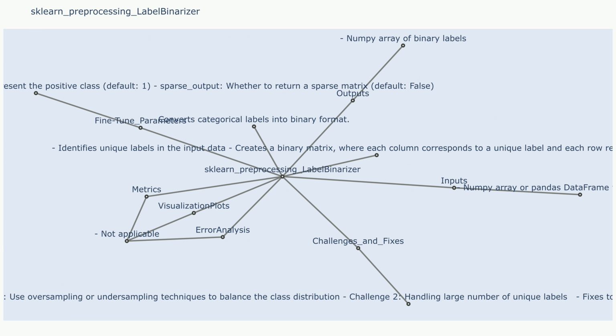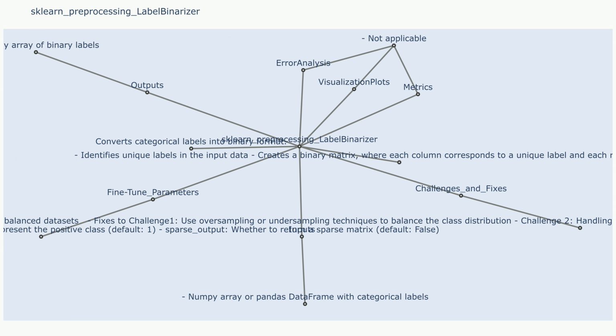Input 2: a list of classes. This optional input specifies the unique classes that should be considered for encoding. If not provided, LabelBinarizer will automatically determine the unique classes from the input data. Outputs. Output 1: a 2D array of binary values.